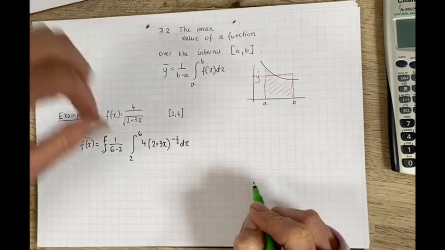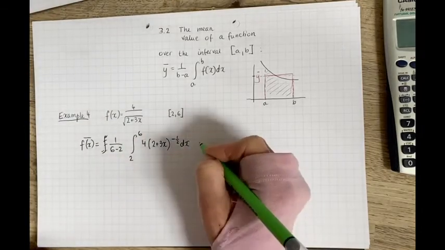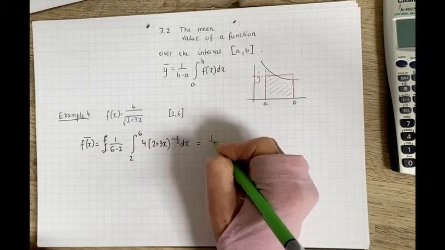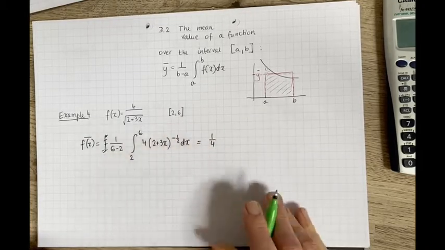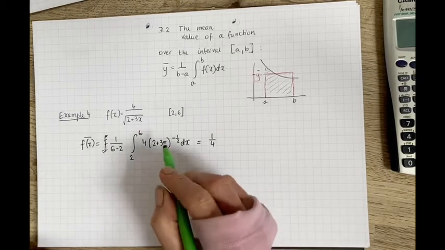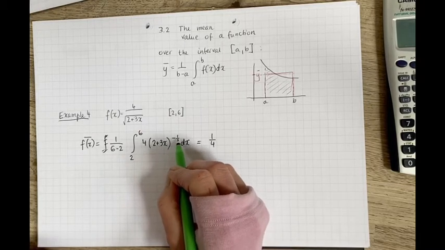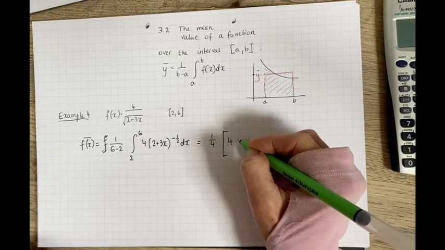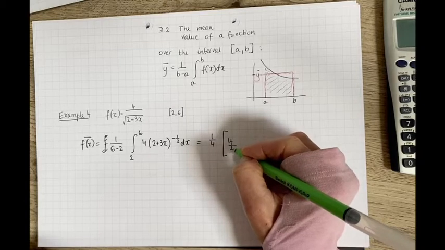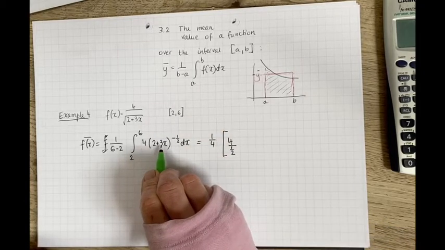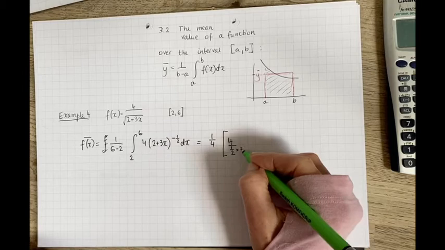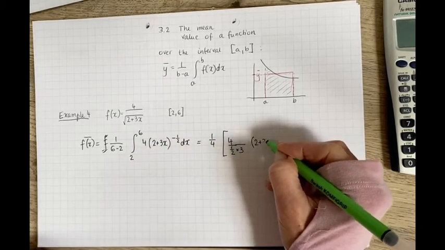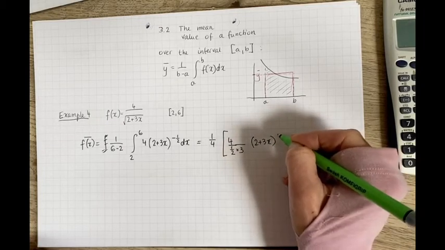So this one you can either use substitution, or if you remember the rules of integrating such expressions, you can just use the quick reverse chain rule. So you are going to add 1 to the power, divide by that power. So you're going to divide it by a half, and you are also going to divide by 3, and then you're going to write 2 plus 3x to the power of a half.